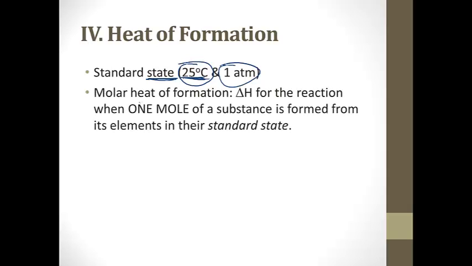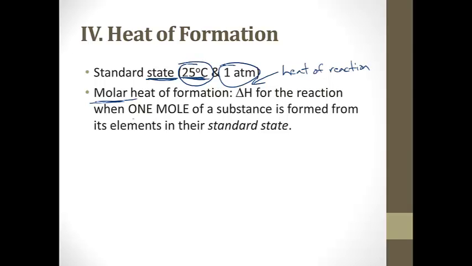Now, the molar heat of formation. Again, you see the term molar, so that means we're talking about 1 mole. So what is the molar heat of formation? It is the delta H. Remember, this basically means it's the heat of reaction, the enthalpy change for the reaction. But it's for a specific reaction.